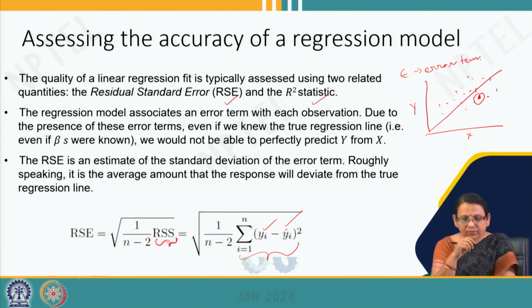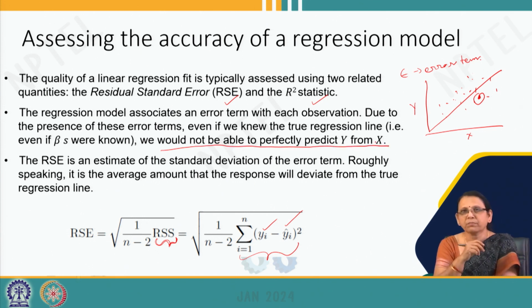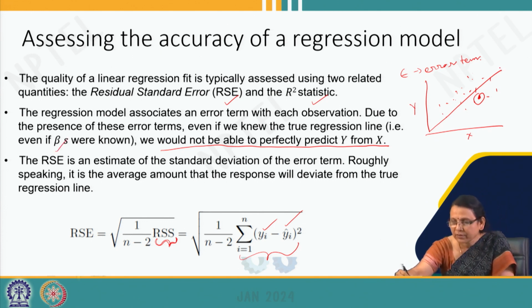As a result, we would not be able to perfectly predict the value of y from x, even when we know these beta values, because these beta values basically define this line, or a plane in the case of a 2 variable regression, or a hyperplane in the case of a multiple variable regression.